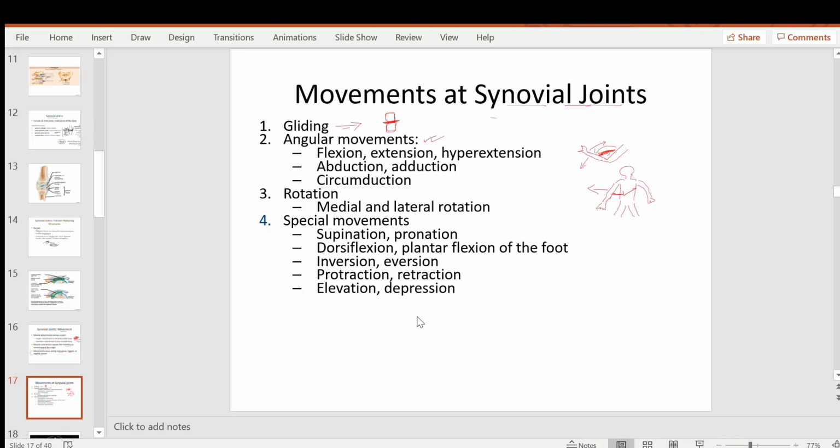So that is abduction, moving away, sideway. Okay. And adduction is if I ask you to bring your arm closer to your trunk or body. Adduction. So adduction is bringing towards the body, and abduction is moving away from the body, sideway.